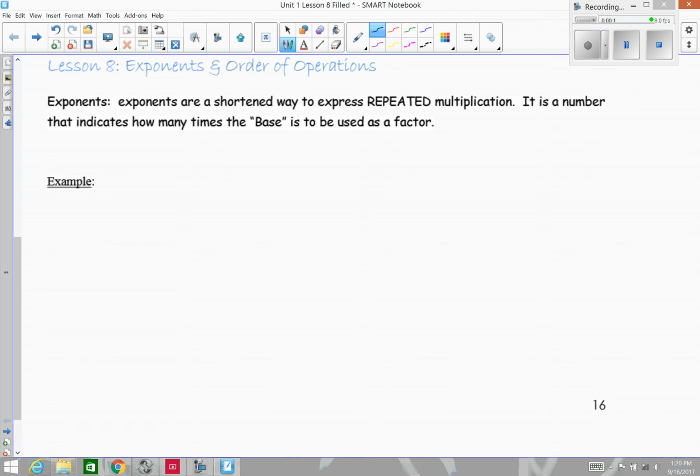We need to remember that when we talk about exponents, that is really just a shortcut way for us to repeatedly multiply some number. So I've got repeated multiplication going on. If I write down something like 2 to the third power, 2 is the number that I am repeatedly multiplying, and I'm multiplying it by itself, in this case 3 times, because 3 is my exponent.